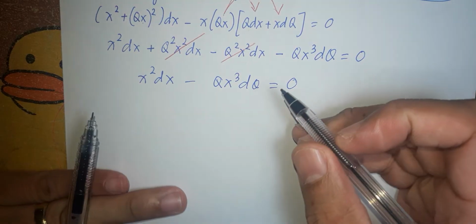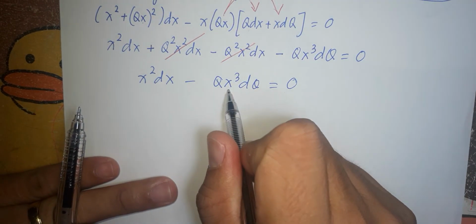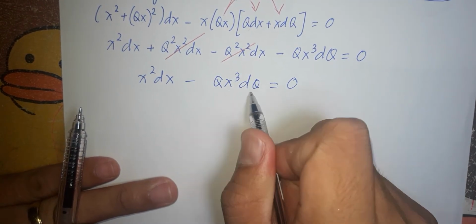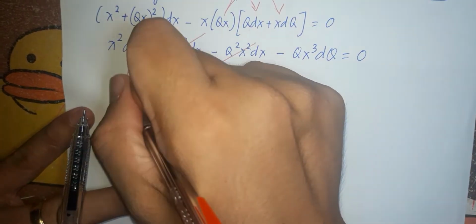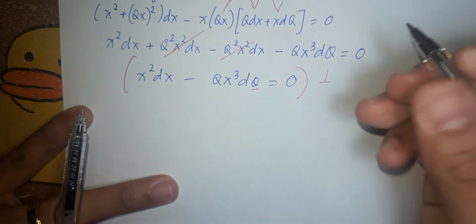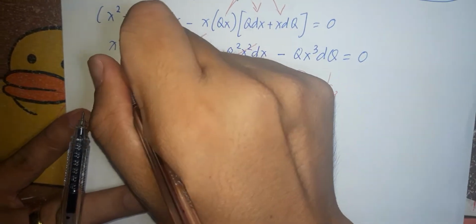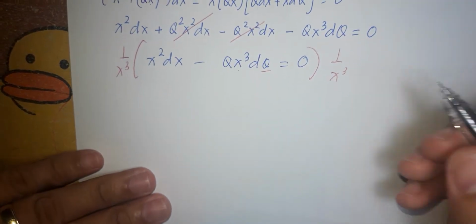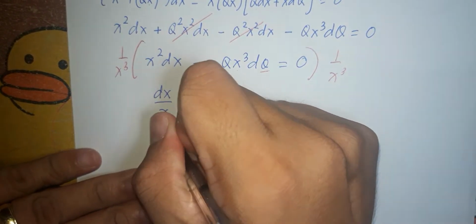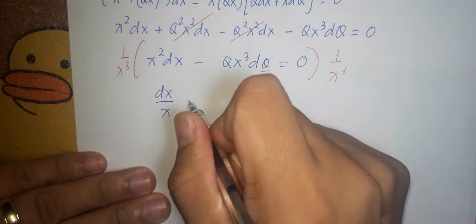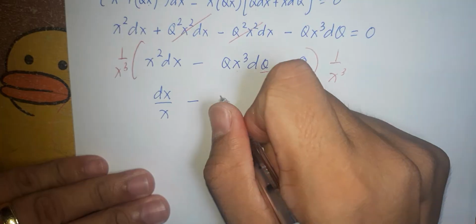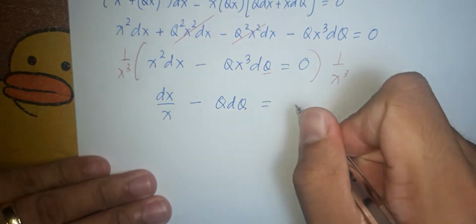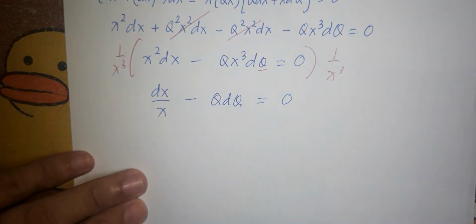So, we can separate the variables. We are integrating with respect to x, so this is already integrable. We have to divide this by x cubed. So, when we divide both sides by x cubed, this gives you dx over x minus q dq is equal to 0, since x cubed divided by x cubed is 1.